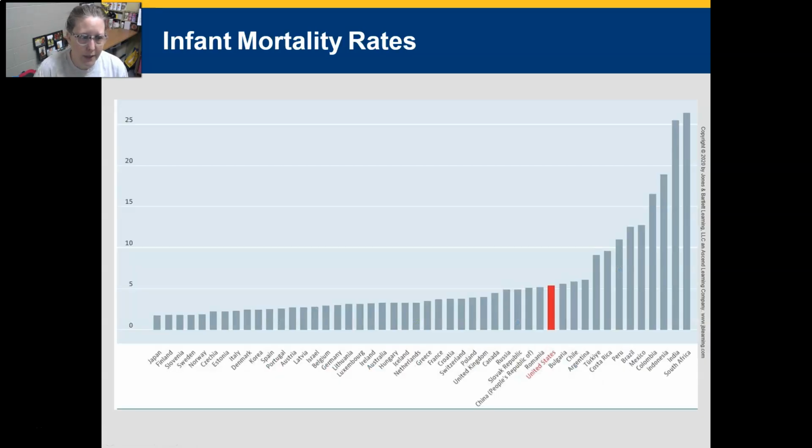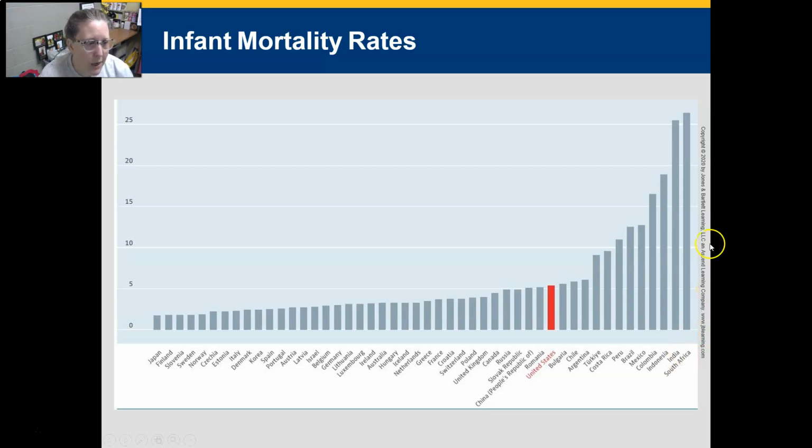Infant mortality rates. So for the U.S., we're pretty good. We're over here slightly above 5, but you have to also dig in a little bit more. In the United States, there's a disproportionate amount between black and white infant mortality, and we addressed that in a previous lesson, briefly just mentioning it.